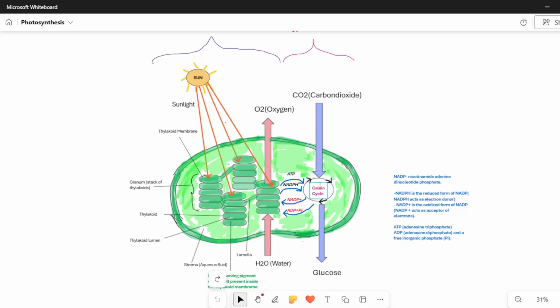Next, these two enter the Calvin cycle. So what is the Calvin cycle? Here the carbon dioxide is taken from the surroundings. We saw that, right? So that carbon dioxide is brought in and these two chemical components are brought in, and these help in forming complex chains of carbon.